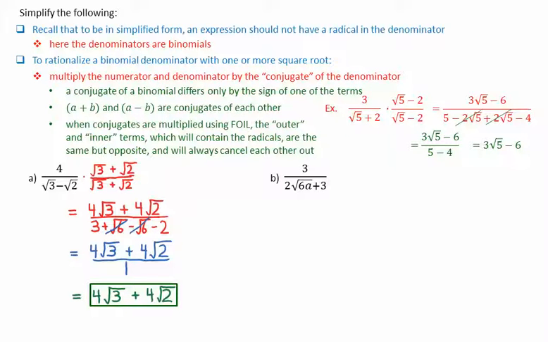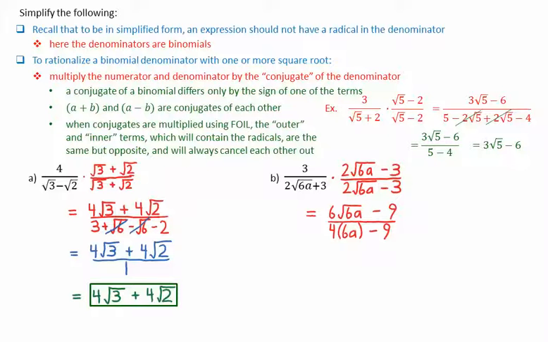For question B, the denominator is 2 root 6a plus 3. The conjugate then is 2 root 6a minus 3. We multiply the top and bottom by this conjugate. On the top, we end up getting 6 times the square root of 6a minus 9.